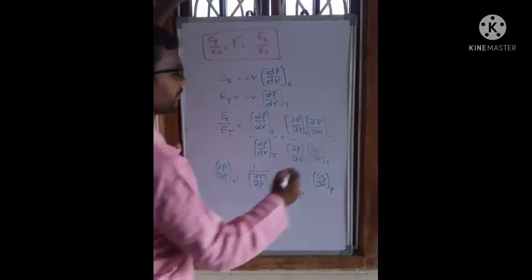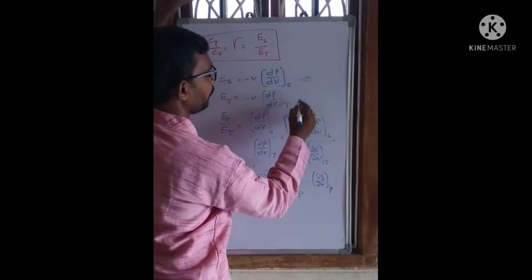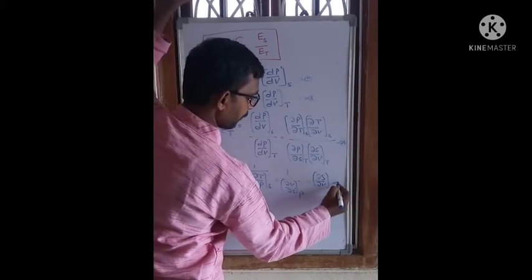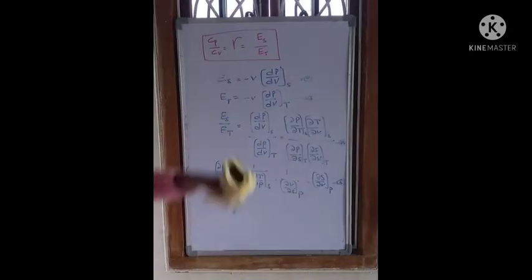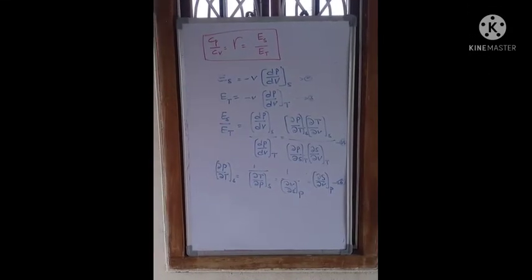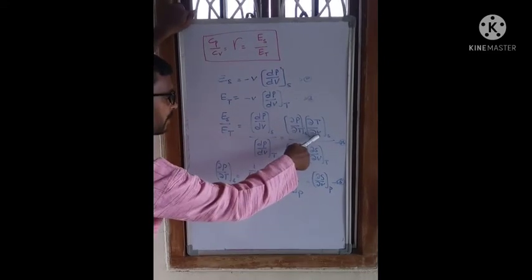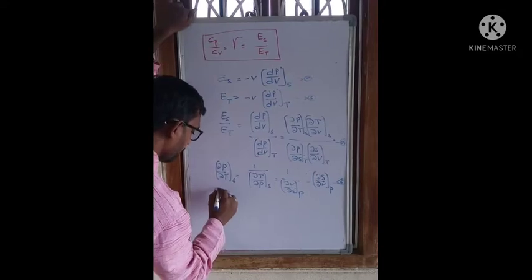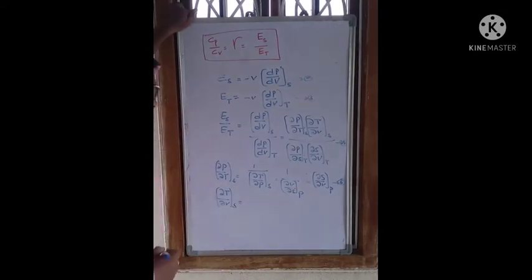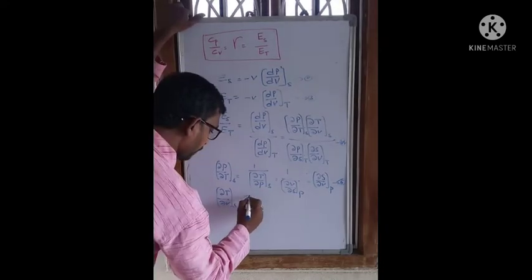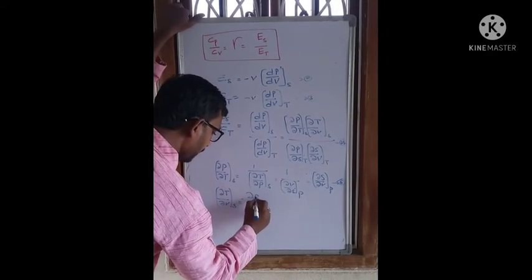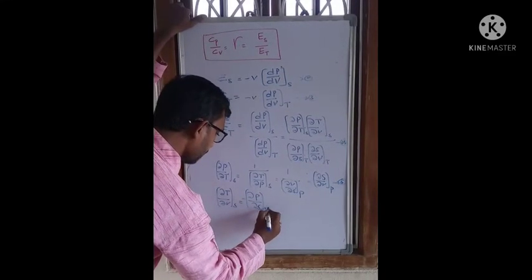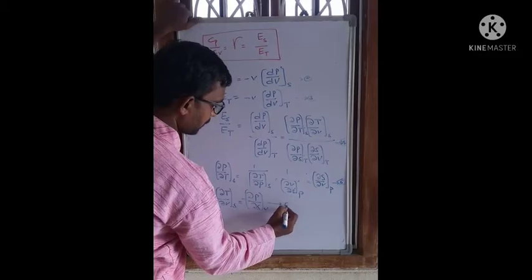Let us assume these are equation numbers 2, 3, 4 and 5. And similarly the second term, dou T by dou V at constant entropy, we know very well can be written directly as minus dou P by dou S at constant volume. Assume this is equation number 6.